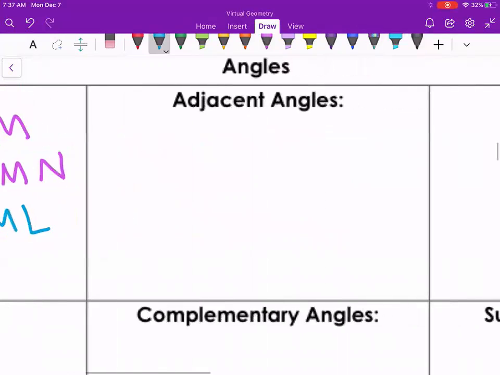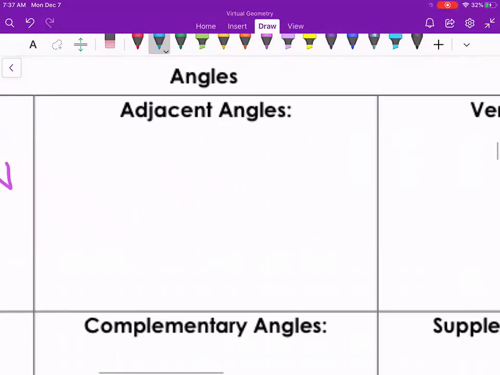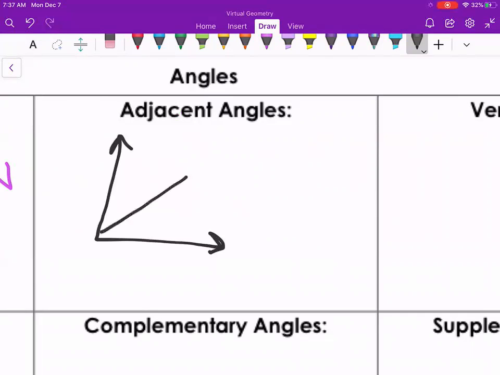Now, once we'd had angles, we talked about what made up some specific angle pairs. We had adjacent angles, which was just two angles that share a side. So right now, these two angles are sharing this ray. So these two spaces are adjacent.